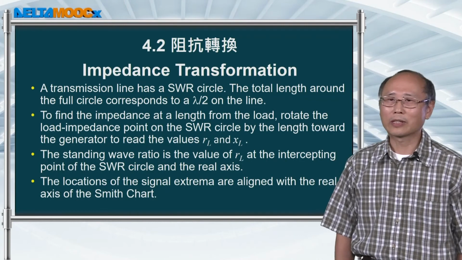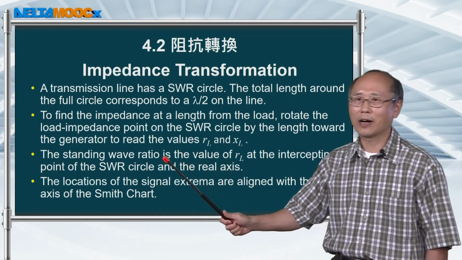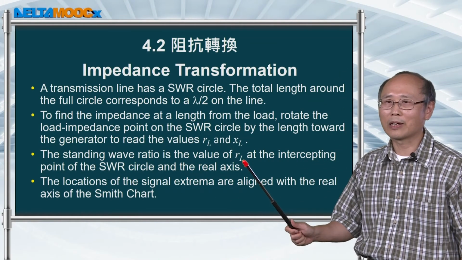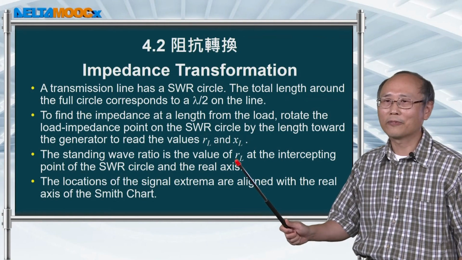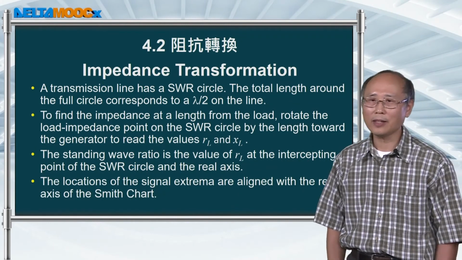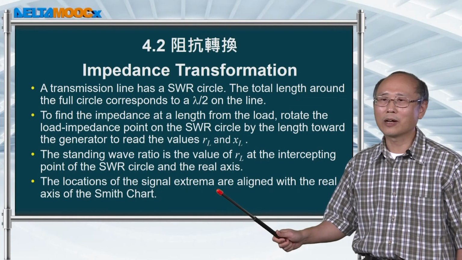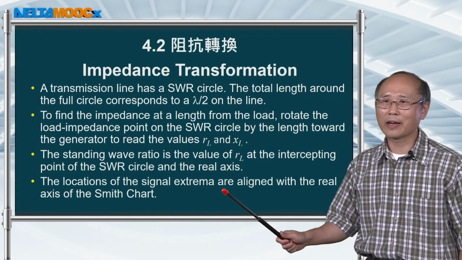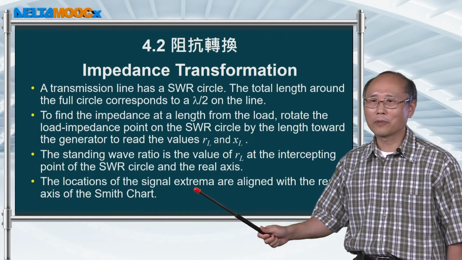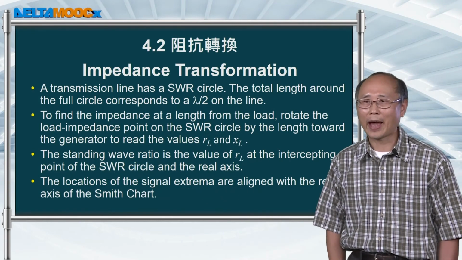And then we also derived two similar expressions and argued that on the real axis, the R_L value intercepting the SWR circle gives you the standing wave ratio of the transmission line. And we also talked about how to locate the signal maxima and minima on the line, and we concluded that the signal maxima and minima correspond to locations on the real axis.